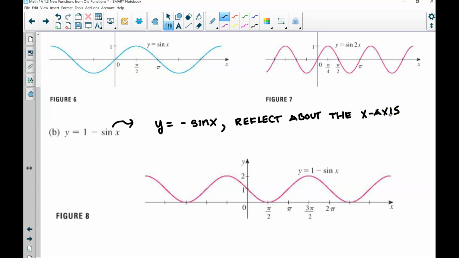And then, because you have a value of 1, you're going to shift 1 unit upward to then get the following graph.